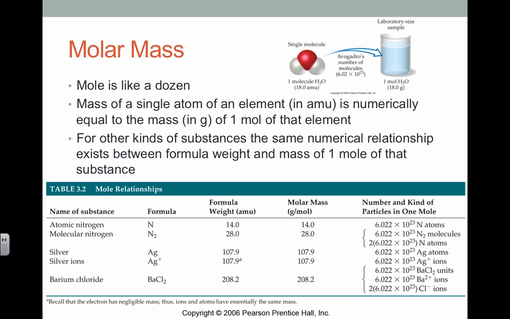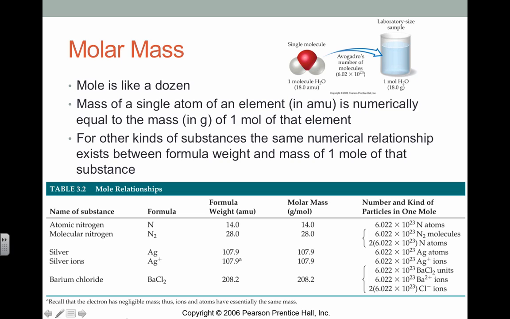What we find is that the mass of an element in AMUs is basically equal to the mass of 1 mole of that substance in grams. So that's one of the reasons why Avogadro's number is the number that it is. It allows us to use the same number for atomic mass units as well as for grams, referring to a mole's worth of something.